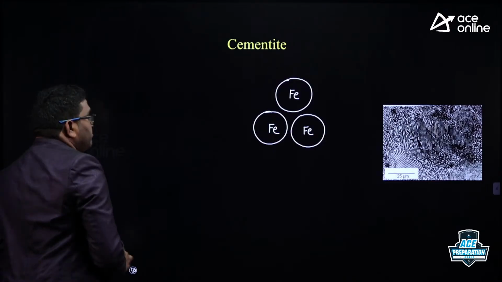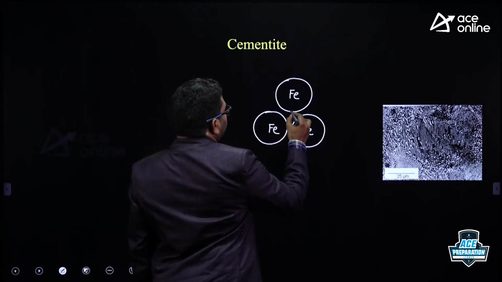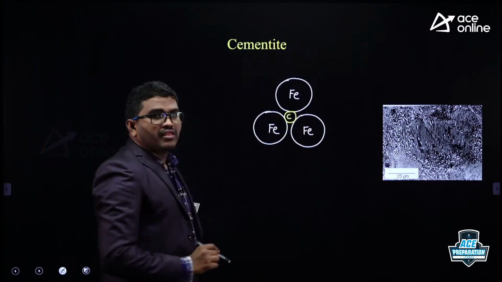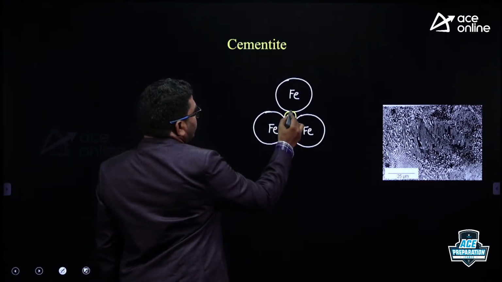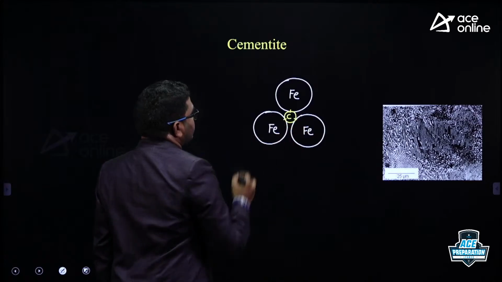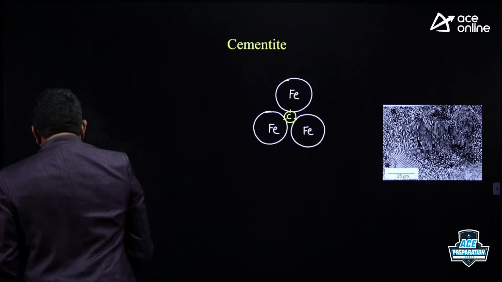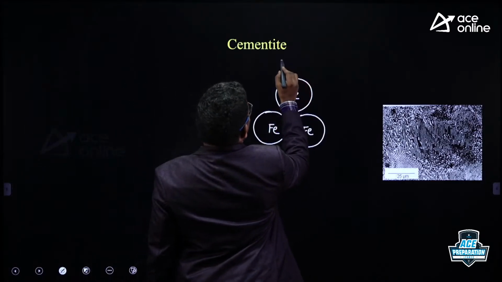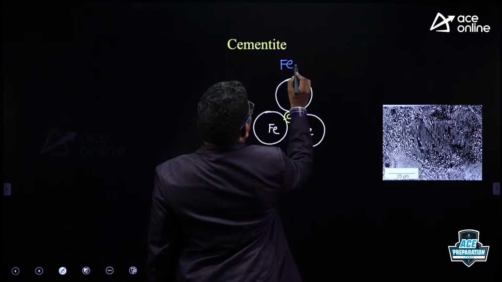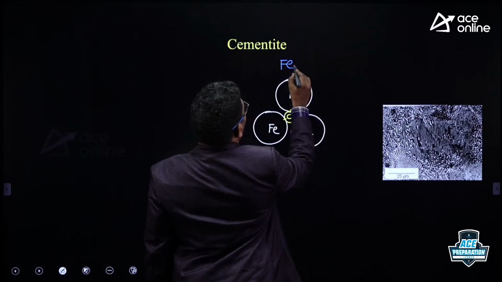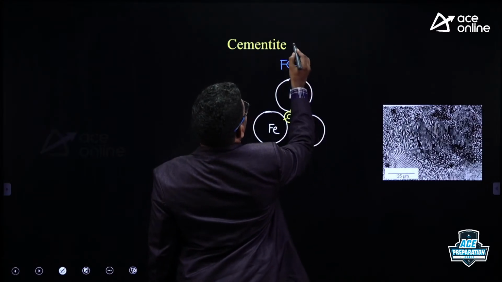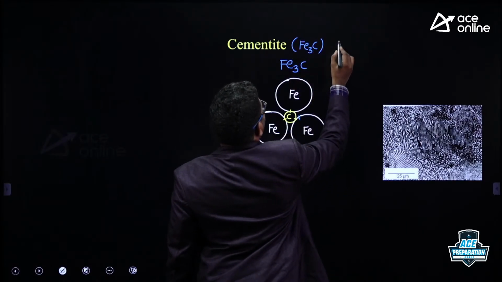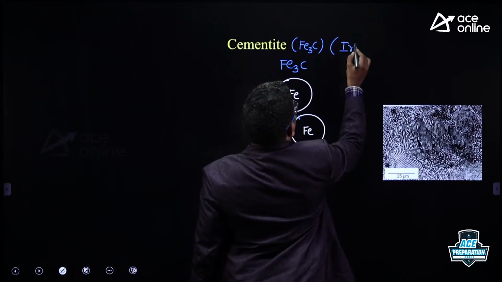The carbon atom makes bonds with the 3 iron atoms like this, forming 3 strong covalent bonds, and forms cementite. This is nothing but cementite, Fe3C. It is also known as iron carbide.